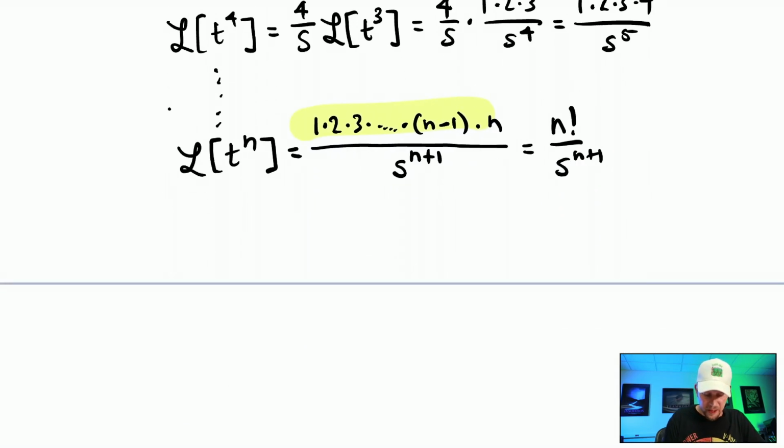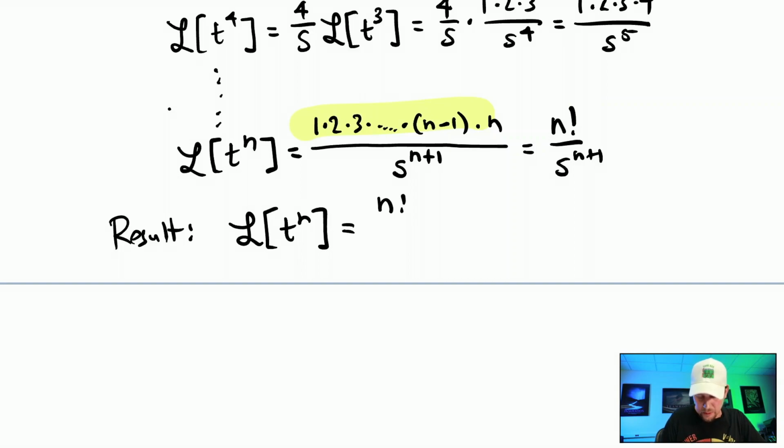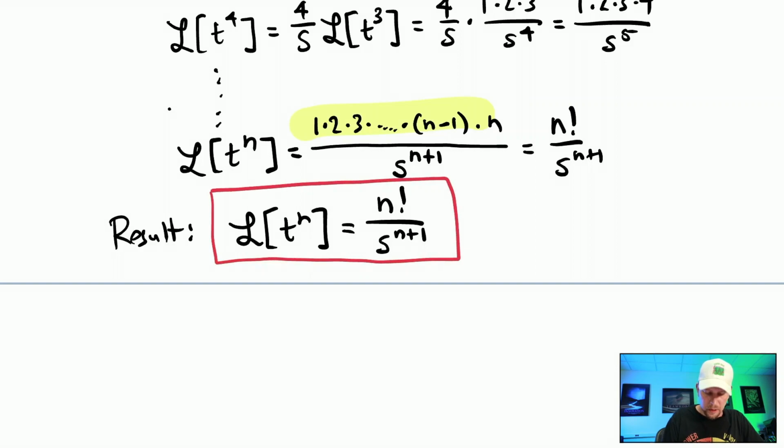So here, the final result is that the Laplace transform of t to the n is equal to n factorial divided by s to the n plus 1, and this was what we were looking for. Now, there are other ways in which you can prove this, but this way should be sufficient so you can see the power of this recursive relationship.